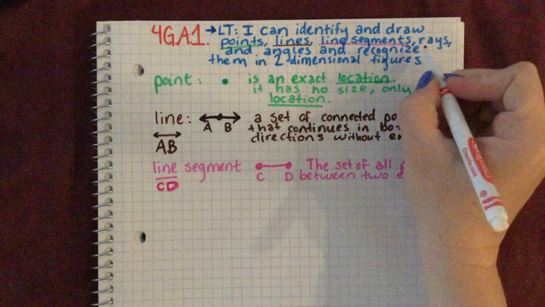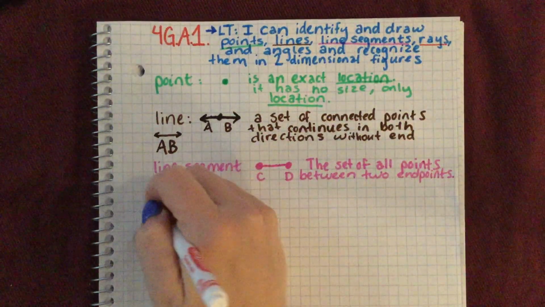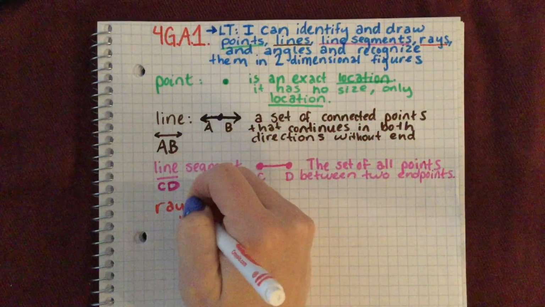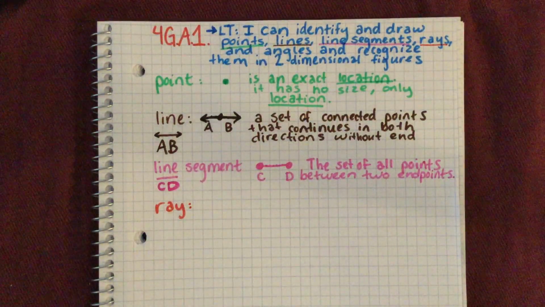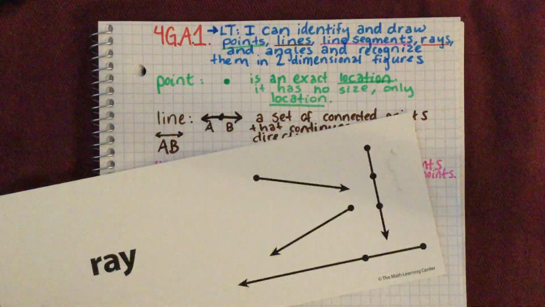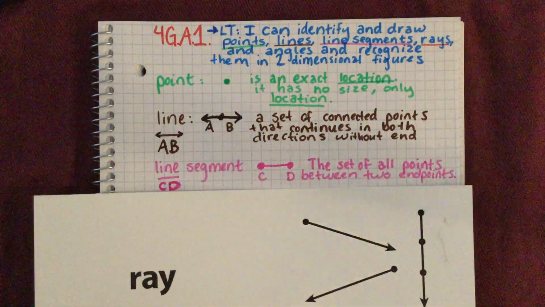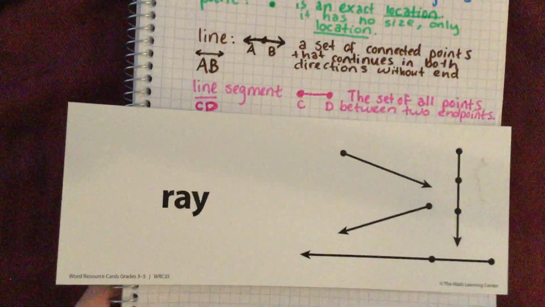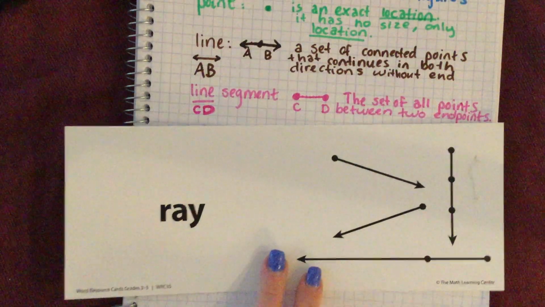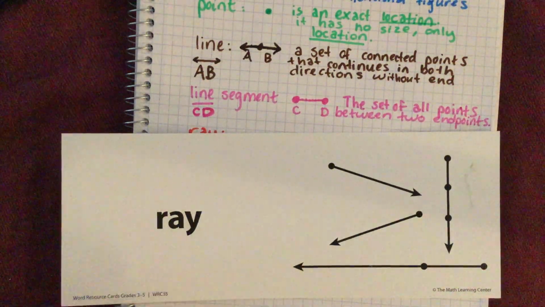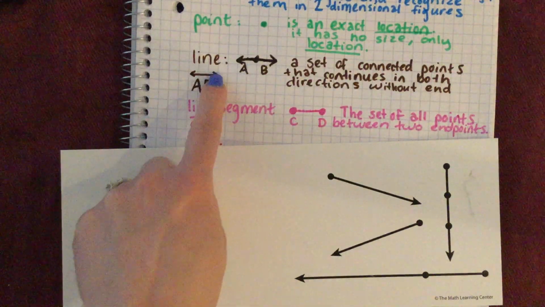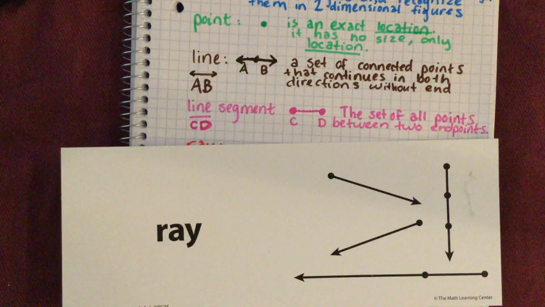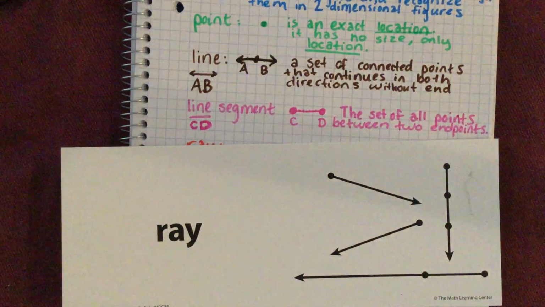The next one is rays. So here is a picture of a ray. I want you to examine this ray for a second. These rays, excuse me, and I want you to see what it has in common with lines and line segments and points. How would you define a ray?